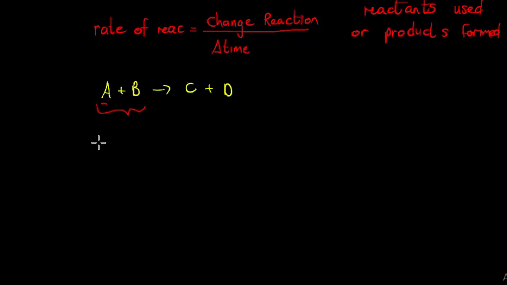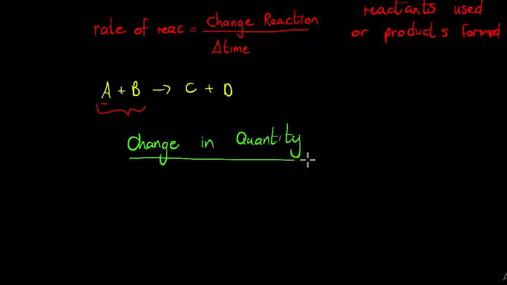So we will look at the change in quantity divided by how long it took for that change to occur. Now, quantity can either be in moles, which is a standard unit that we might use, or it can be in grams.